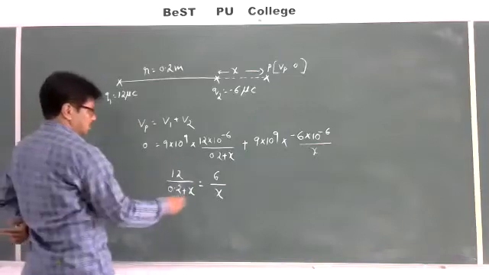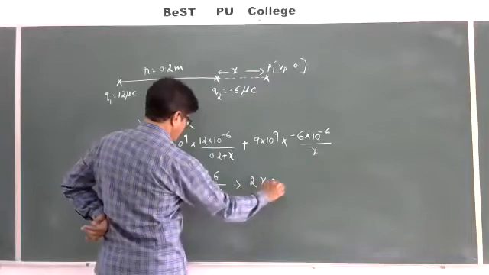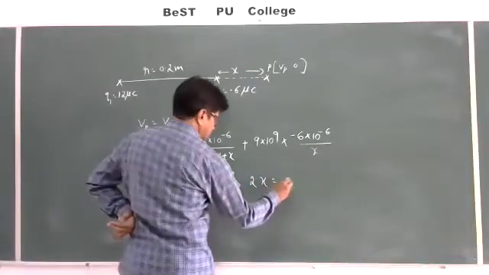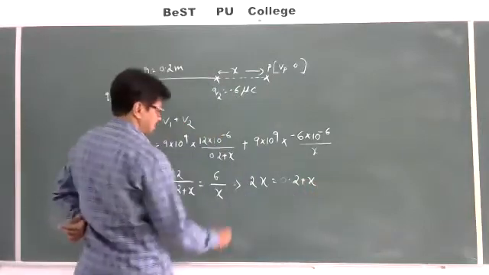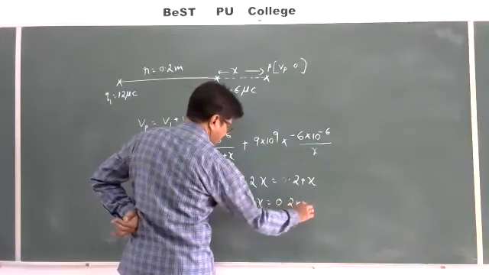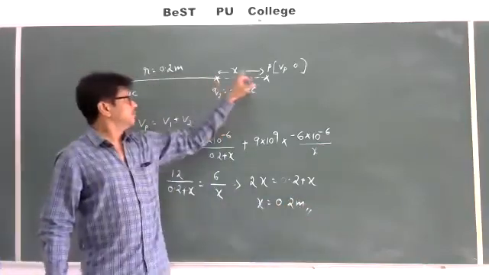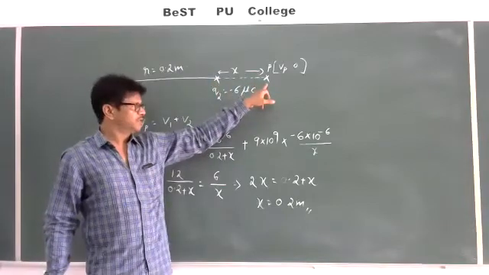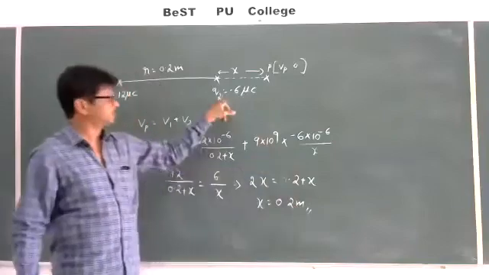So this is 2 times. From here, 2x is equal to 0.2 plus x. Then x is equal to 0.2 meter. So the potential will be 0 at a distance of 0.2 meters from Q2.